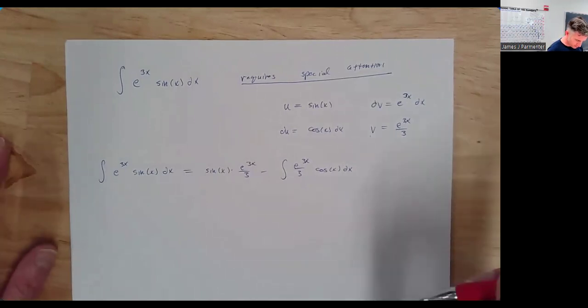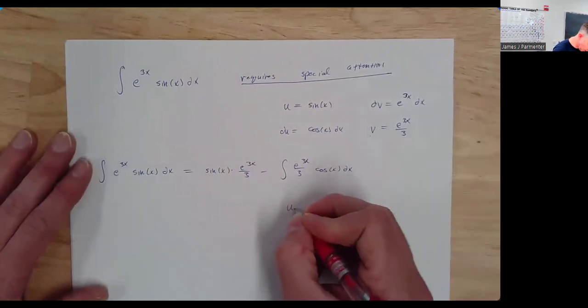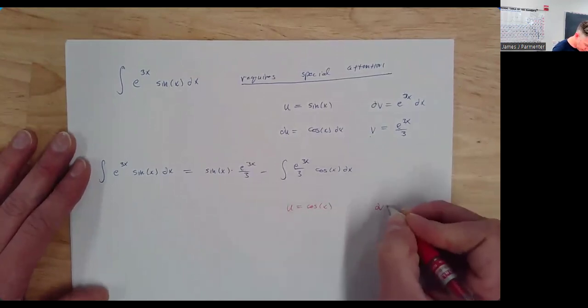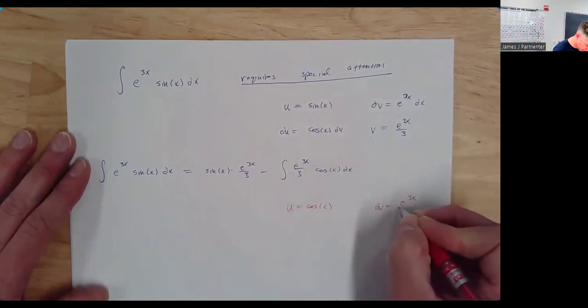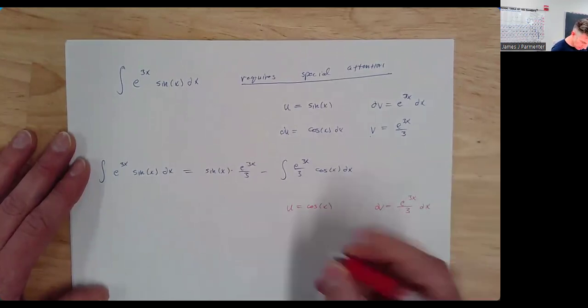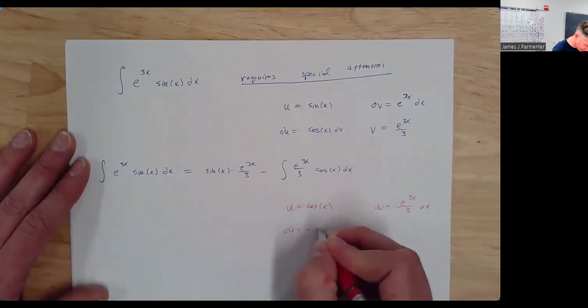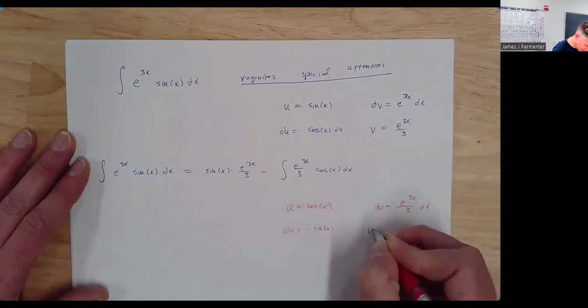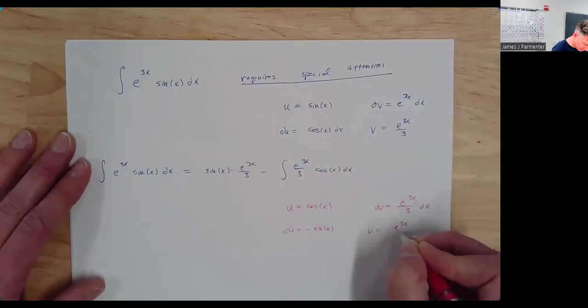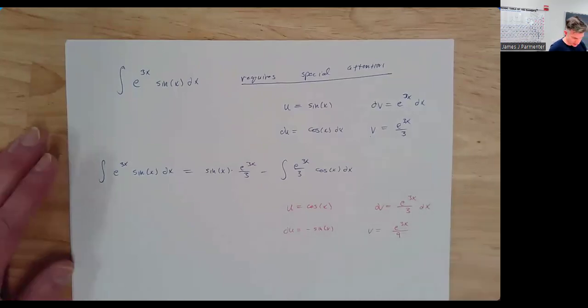I'm going to let my u equal cosine of x, my dv be my e to the 3x over 3 dx. My du is going to be negative sine of x. And my v is going to be the antiderivative of e to the 3x over 3, which is e to the 3x divided by 3 times 3, which is 9.